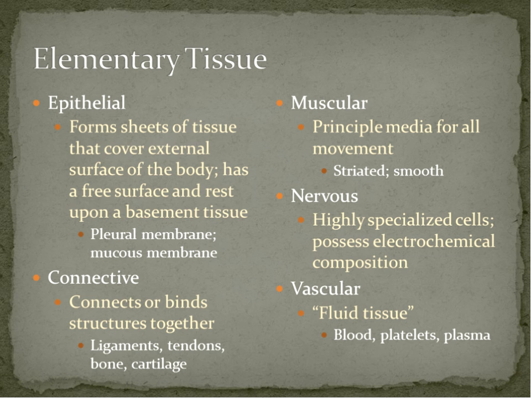Nerves are specialized cells that have electrochemical properties in order for them to perform their functions. And when we speak of vascular, we're speaking of fluid tissue, or more specifically blood, platelets, and plasma.